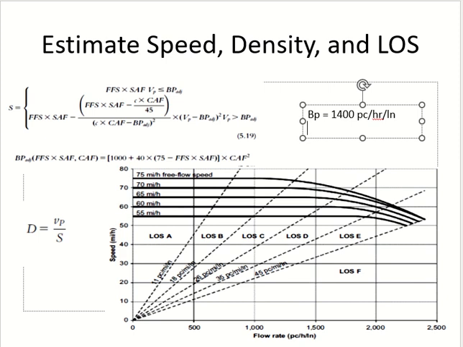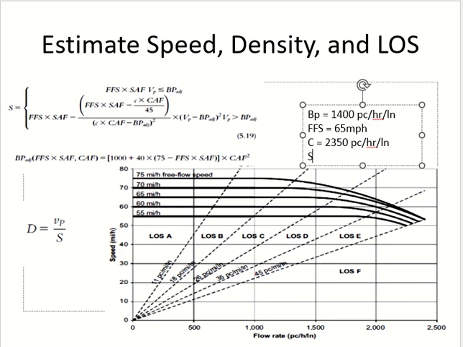So what do we know? We know BP is this much. We know free flow speed. And we know capacity, right? We know three things. Free flow speed was given, 65 miles per hour. Capacity we calculated 2350.